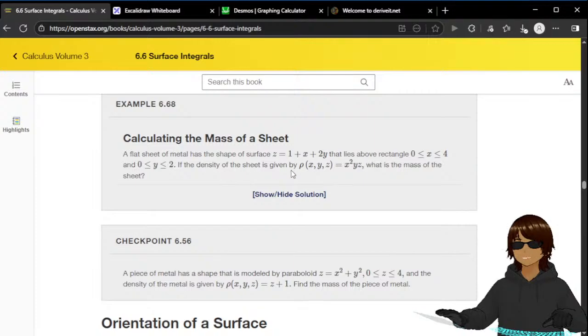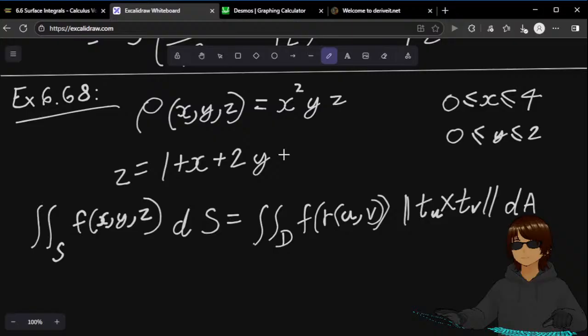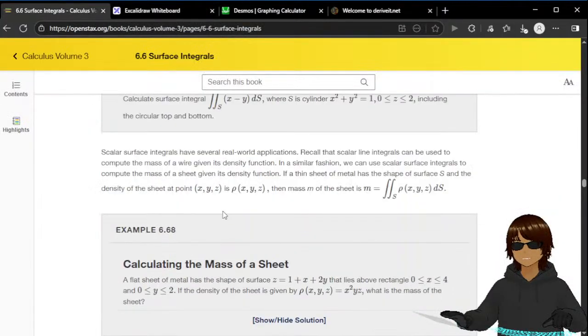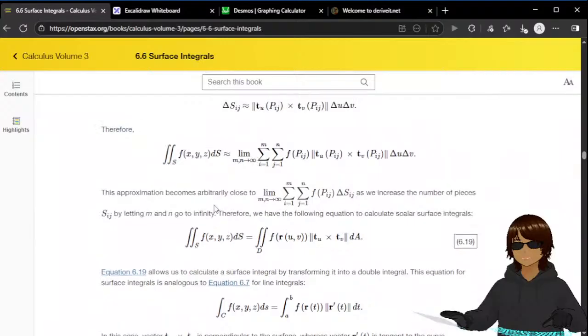The density of the sheet is given by this. What is the mass of the sheet? So r is what describes the sheet, right? f is like the function you're applying.